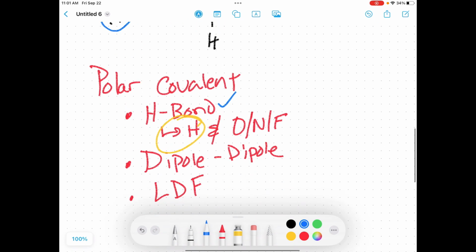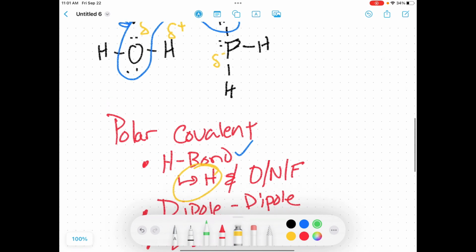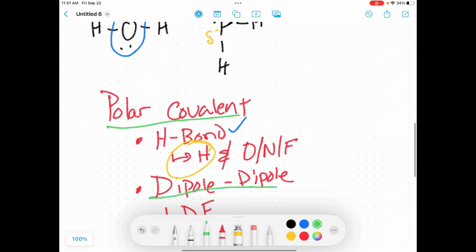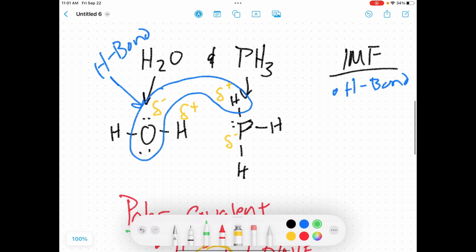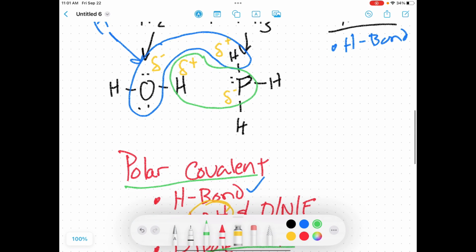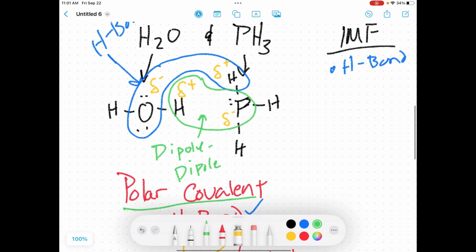Now I'm going to check for dipole-dipole. Again, because I have two polar covalent molecules, I should get dipole-dipole. Well, I see hydrogen here, phosphorus here, two different charges. So this is going to be my dipole-dipole. So that's going to be my second type.